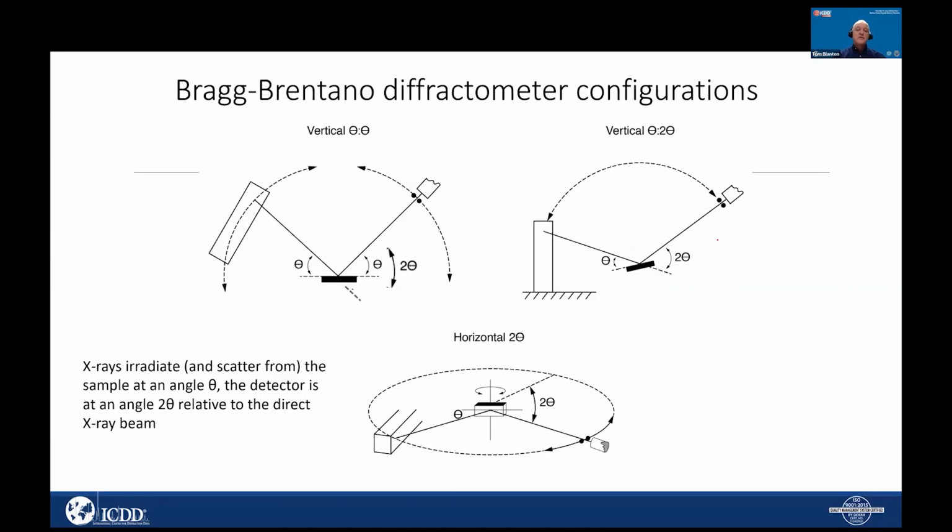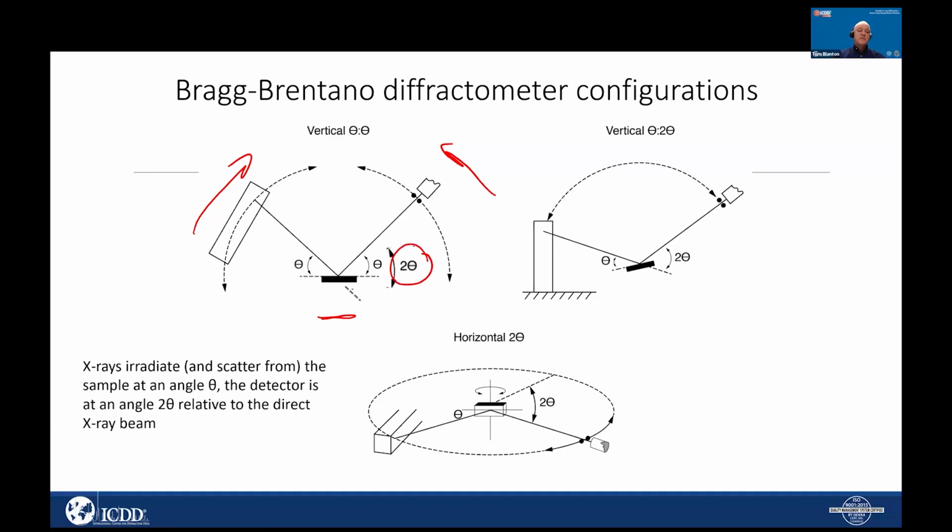Now, the Bragg-Brentano diffractometer has different configurations. Today, probably the most common is the theta-theta geometry, where the sample remains flat, the X-ray source and the detector move together, and the detector moves at an angle 2 theta relative to the direct beam.